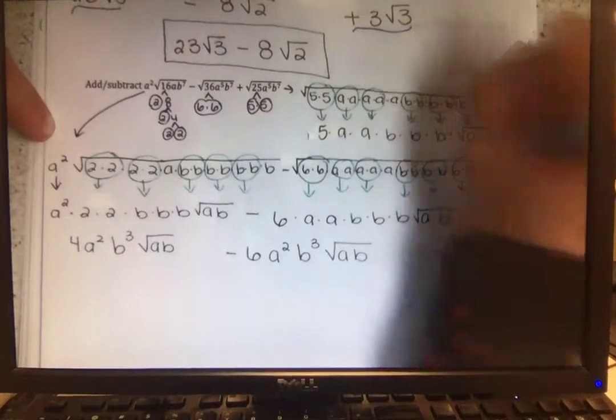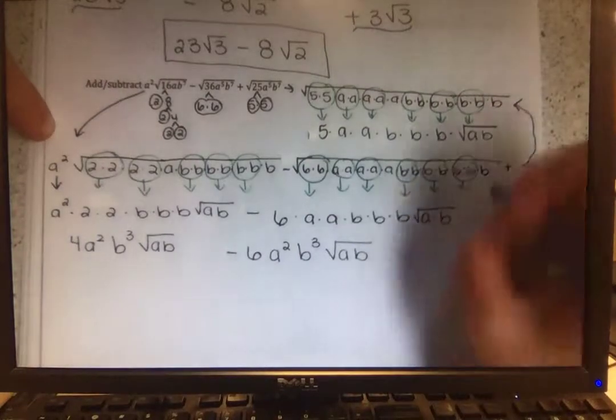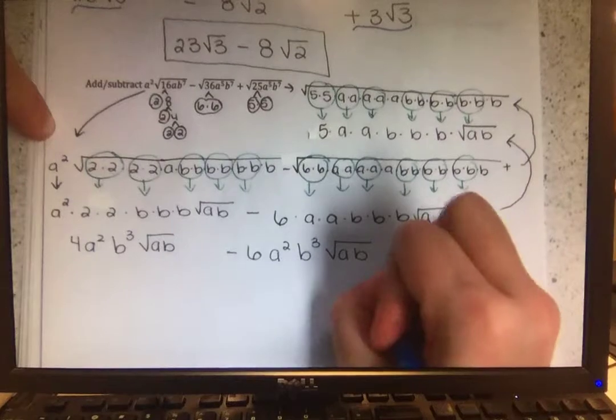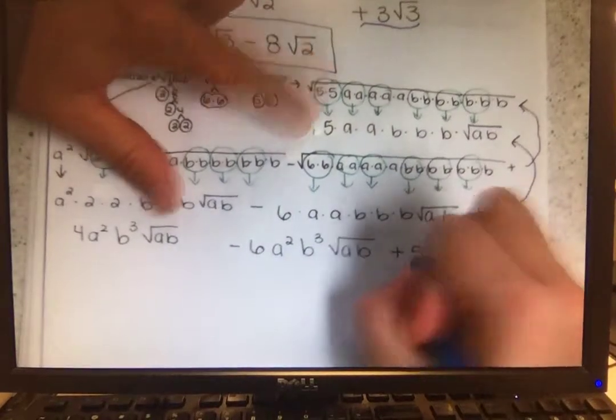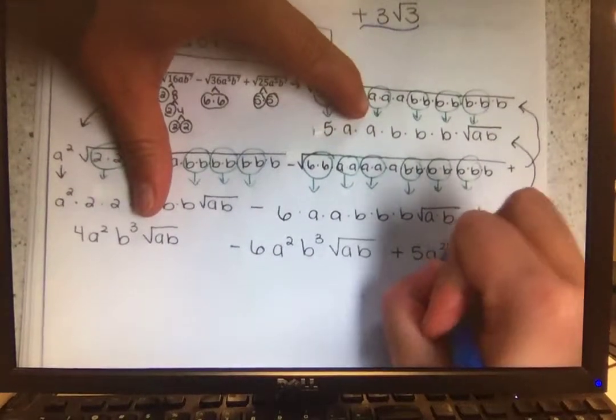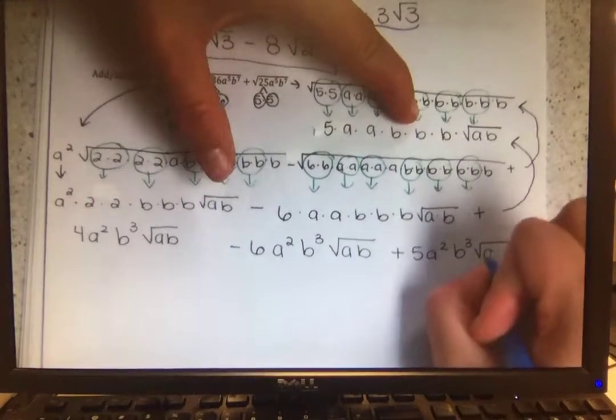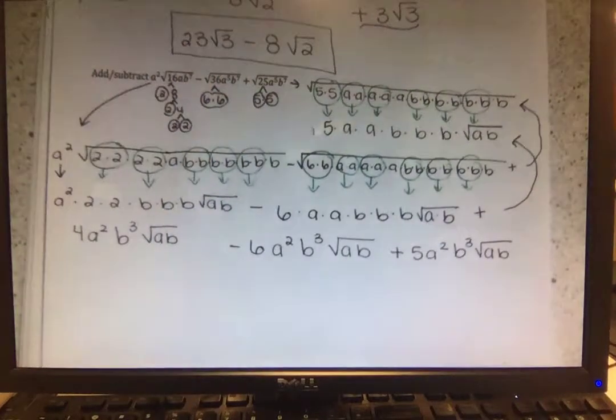Underneath the radical we have 1a and 1b. So again, plus this step right here, which we could say plus 5, 2a, so a squared, 3b, so b cubed, square root of ab.